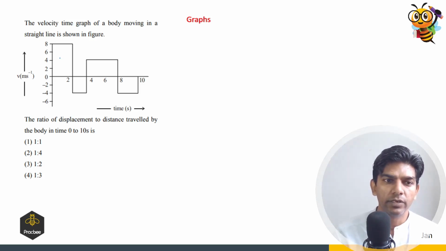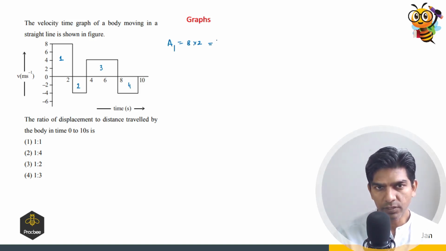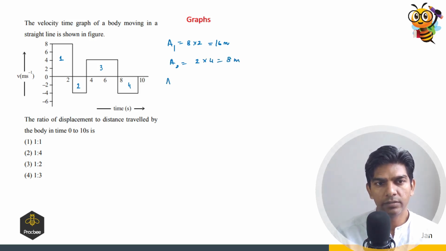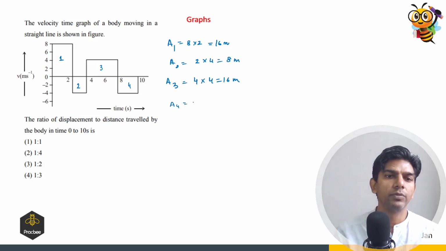So let me name it. Let me call this area 1, this is 2, this is 3, this is 4. So A1 is a rectangle, so 8 times 2, 16 meters, and A2 will be 2 times 4, 8 meters. A3 will be 4 times 4, that will be 16 meters, and A4 will be 2 times 4, that will be 8 meters.